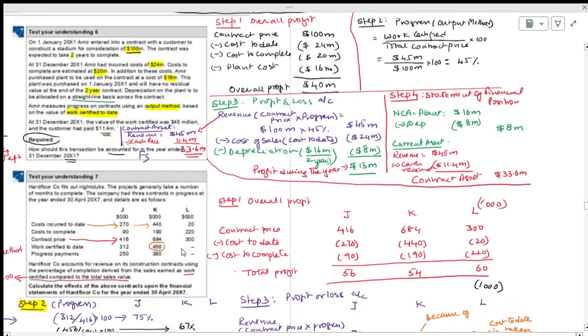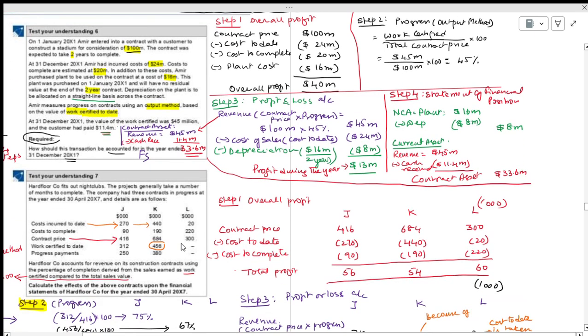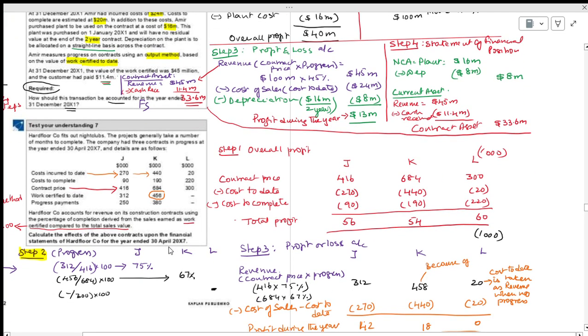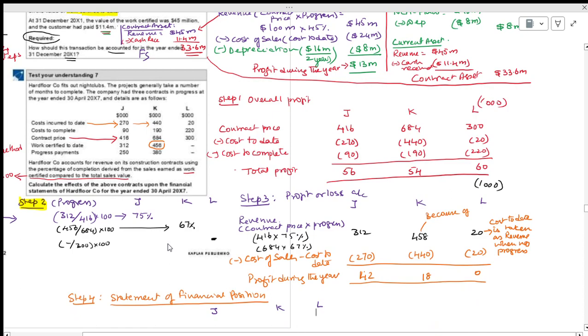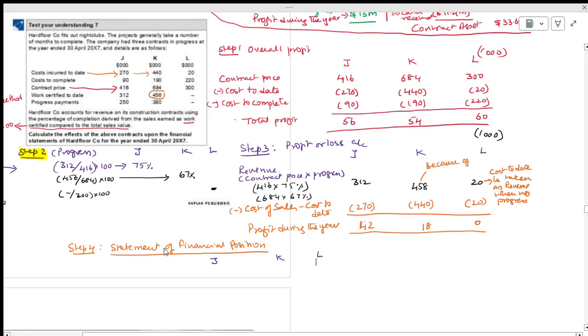Accounts receivable. Do we have any non-current assets? Any plant and machinery? We don't have any non-current assets.